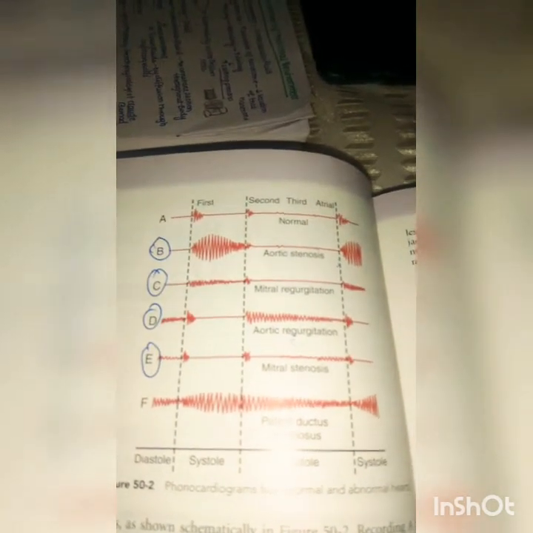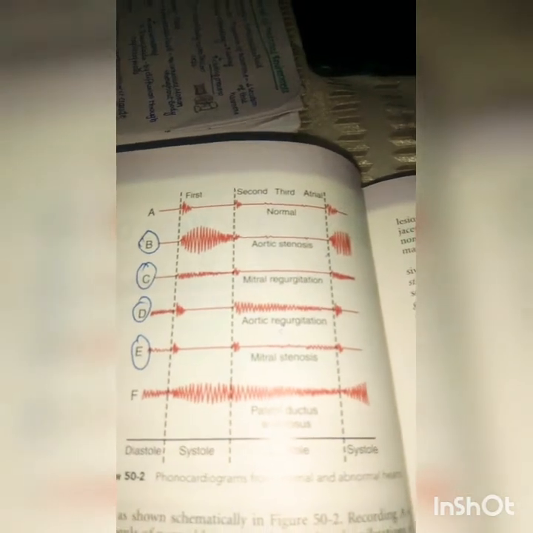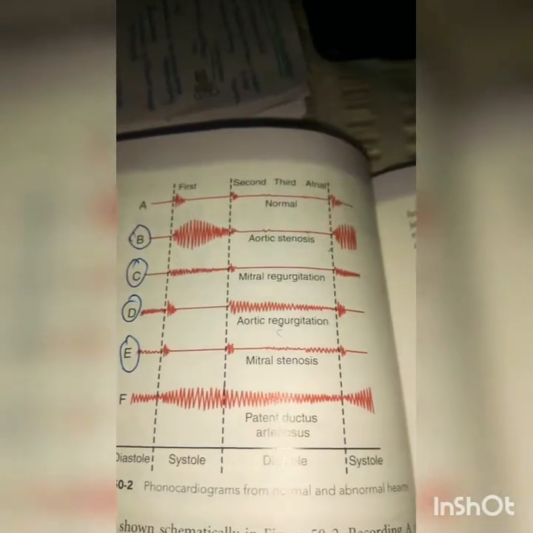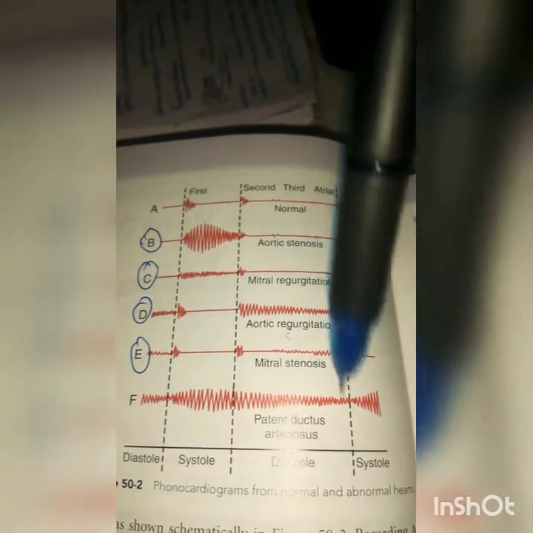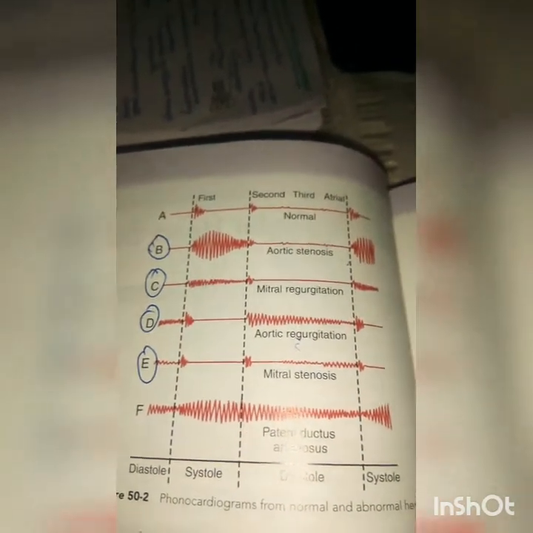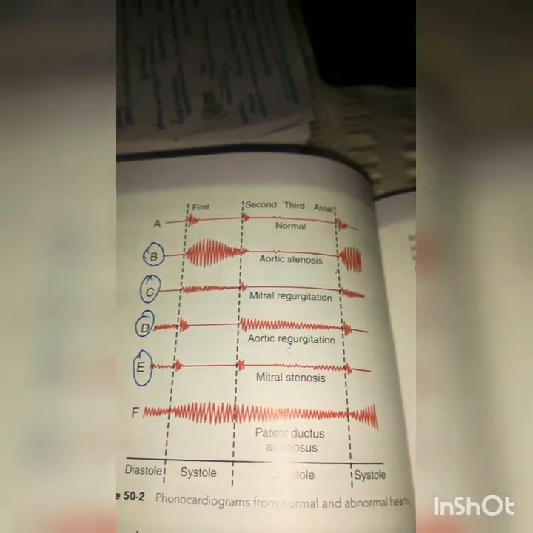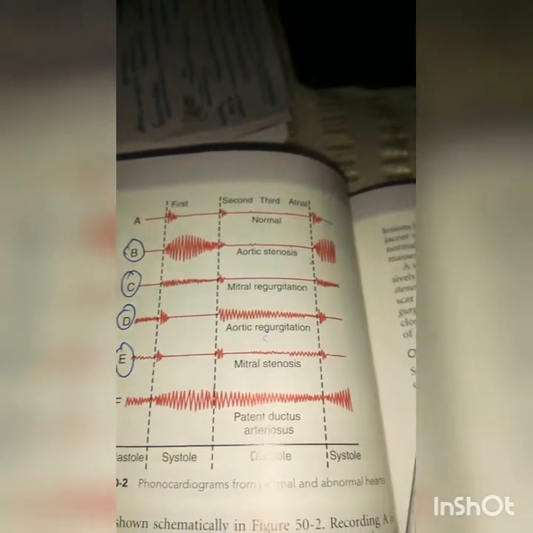And aortic regurgitation and mitral stenosis occur only in diastole. So you can see here the aortic regurgitation and mitral stenosis, both are occurring only in diastole. So this is the difference between these four types we have seen till now: aortic stenosis, mitral regurgitation, aortic regurgitation and mitral stenosis.